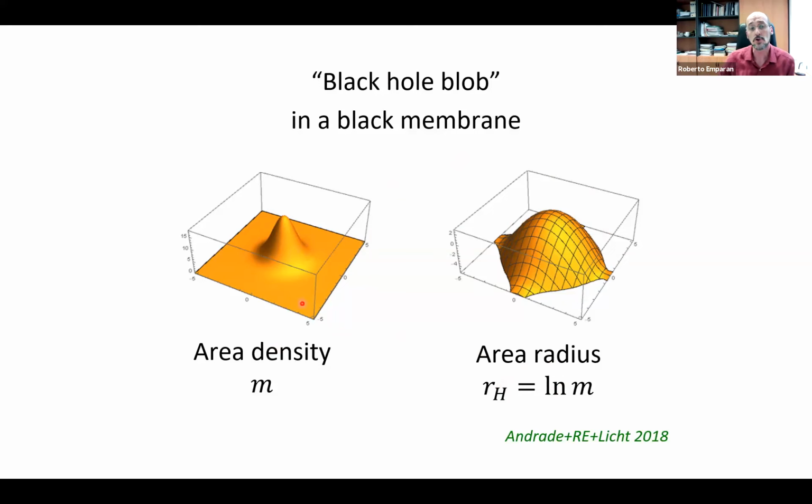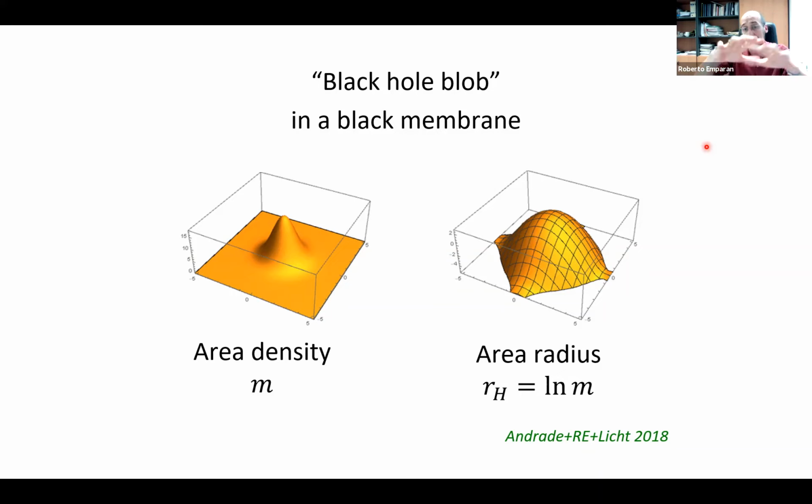So you get those blobs in this black membrane, and here the black membrane goes to essentially zero thickness at large distances. This blob is a representation of a black hole. So we're thinking of a black hole as a blob on this thin black membrane. These blobs are solutions that we can find explicitly out of the equations that I showed you before.